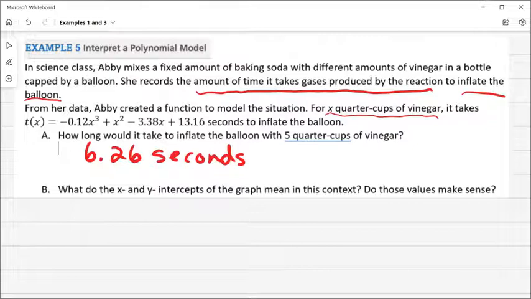All right, and then it's asking us, what do the X and Y intercepts of this graph mean in this context? All right, well, let's pull up Desmos and take a look.